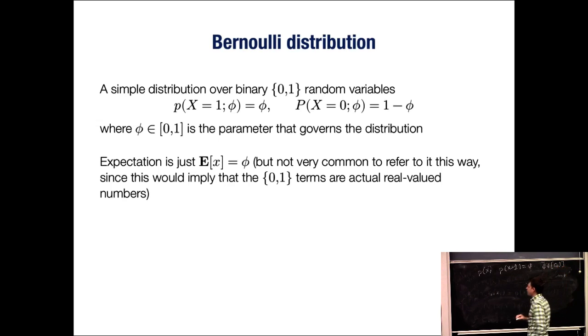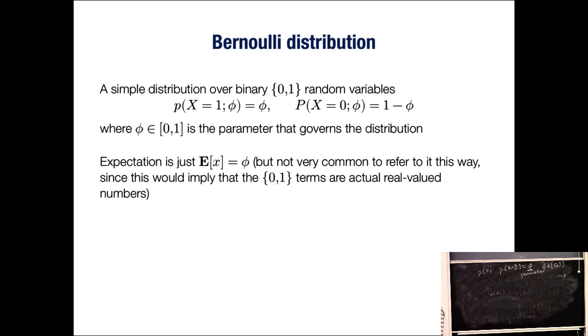Now, the only reason I'm being pedantic about this is that I'm going to write this in a certain way, and you're going to have to get familiar with this notation because I'm going to use it a lot. This phi, or phi, depending on how you want to pronounce it, I might switch back and forth, apologies for that, is what's called a parameter of the distribution.